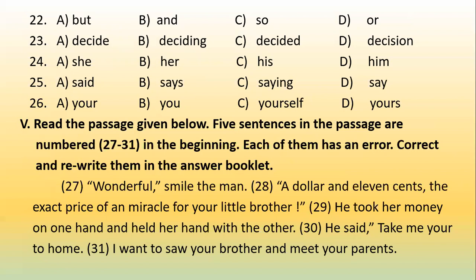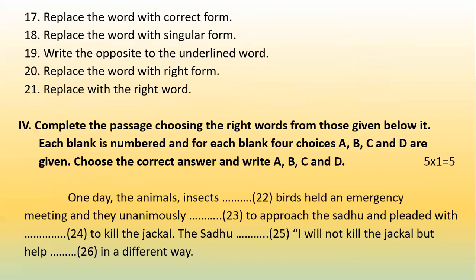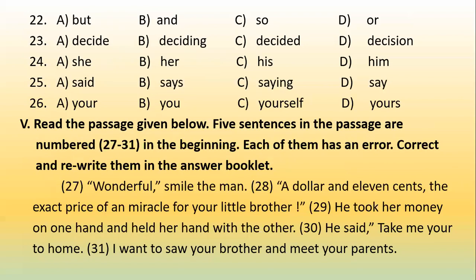So you should not write "and" over there, but you have to write in your answer booklet, Roman number 22 and write the letter B. Now 23rd, birds held an emergency meeting and they unanimously, let us look at the options: decide, deciding, decided, decision.